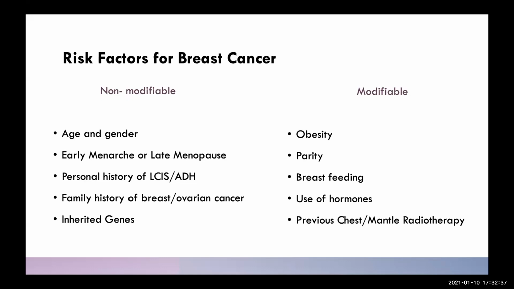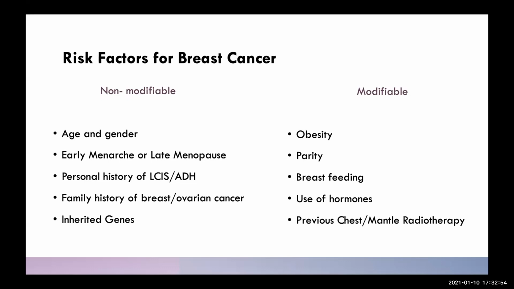And of course, the inherited genes, which are the BRCA1, the BRCA2, and we also check them for something called the PALB2, which is not so new, but it's perhaps not known to everyone that this is also linked with breast cancer.